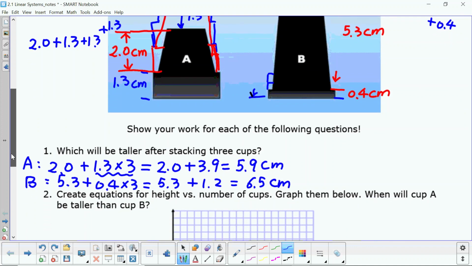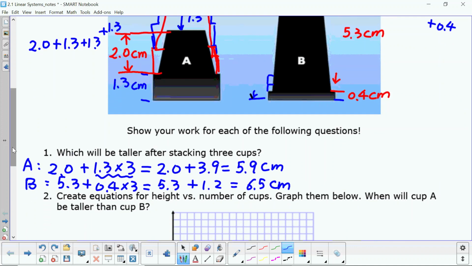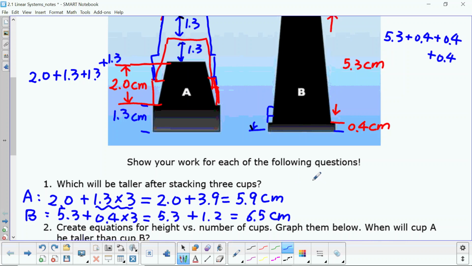So we want to find the equation, and from here we want to see the equation. For number of cups, 1 cup for A, you have 2.0 plus 1.3.